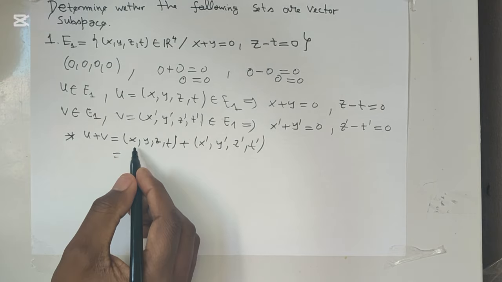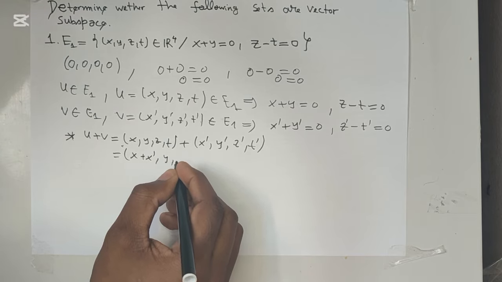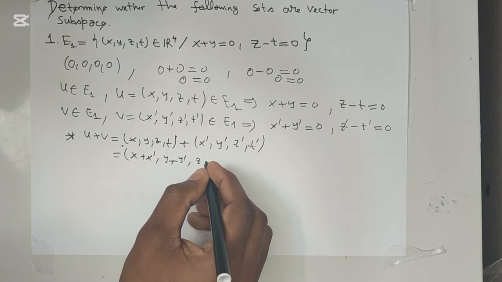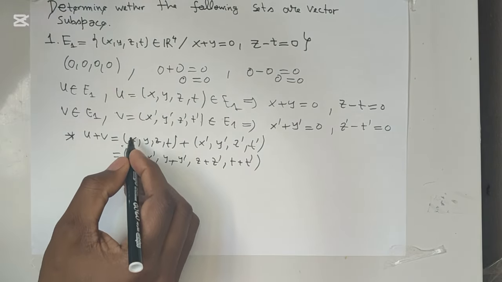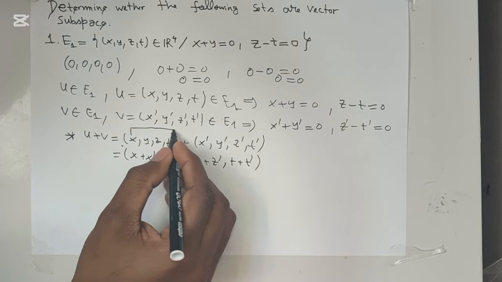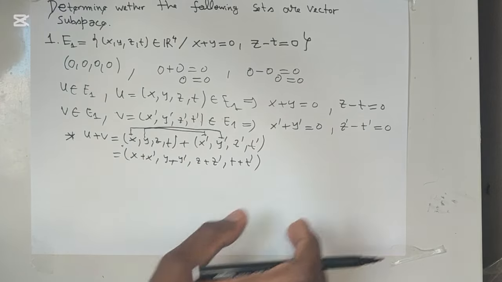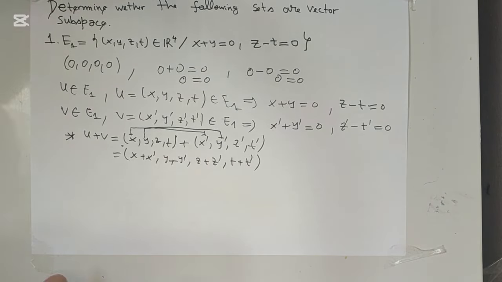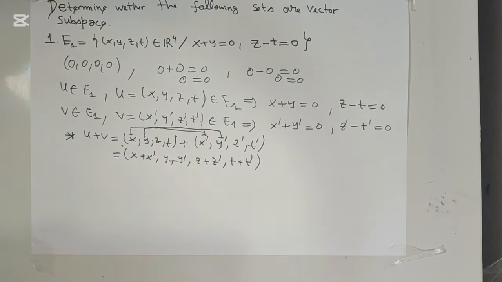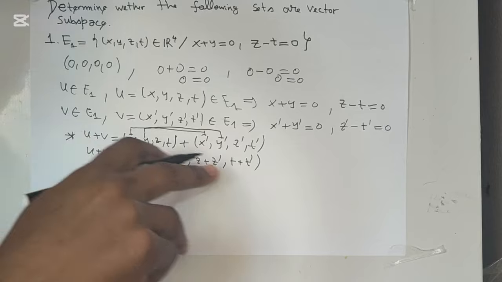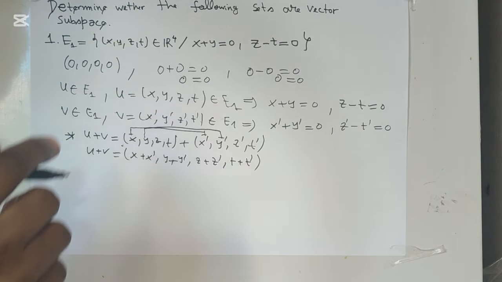Of course, we're going to add the first components: x plus x prime, y plus y prime, z plus z prime, and t plus t prime. So the addition of two vectors, right? We're going to add up those components. And then let's see if this sum of the vectors belongs to the set.